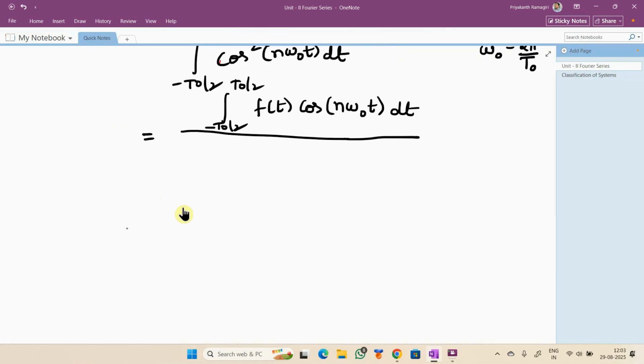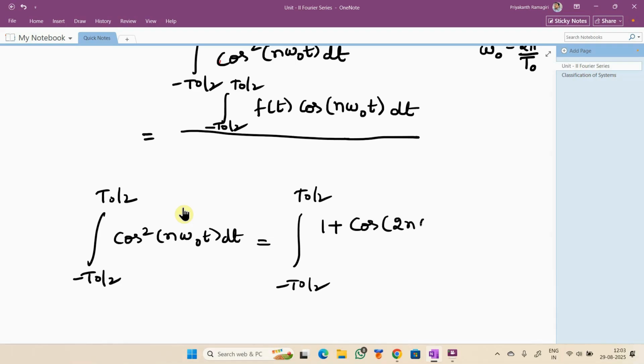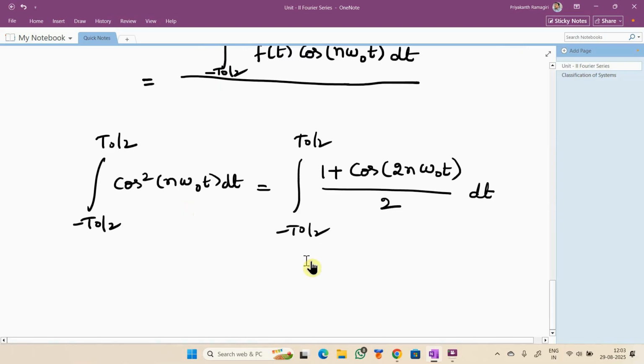Maybe I can help. This integral minus T naught by 2 to T naught by 2 of cos square of n omega naught t dt, I can write this as 1 plus cos 2 n omega naught t over 2. I think now it will be easy for you to simplify.